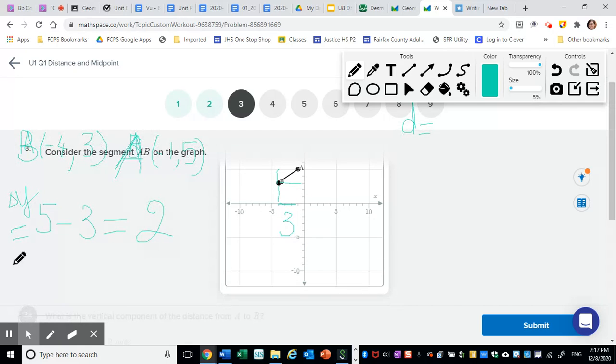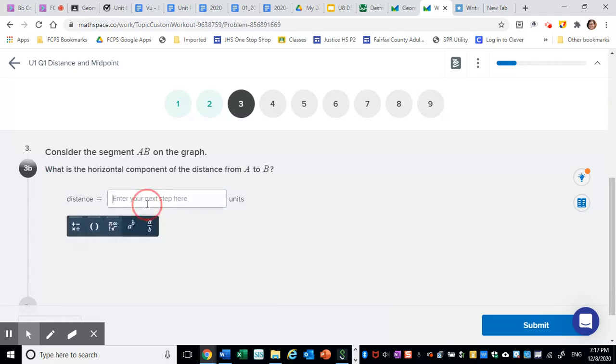You write -1 minus -4, so negative becomes plus, 1 plus 4 is 3. So you put in 3 there, and then you submit.